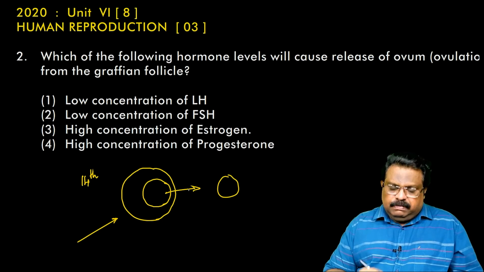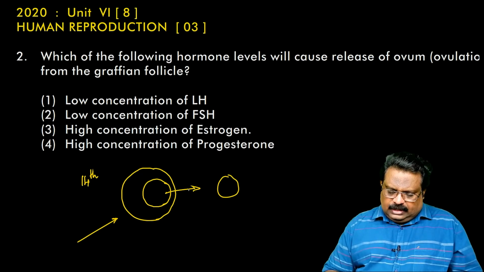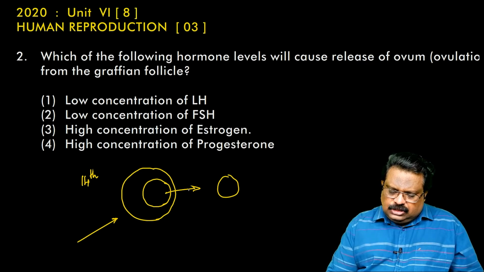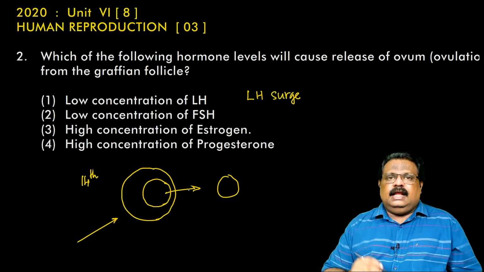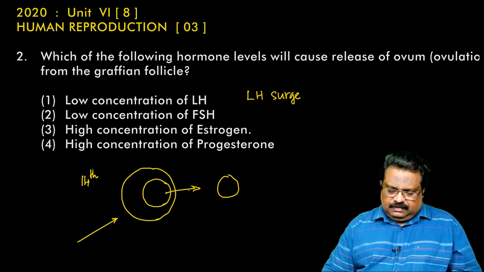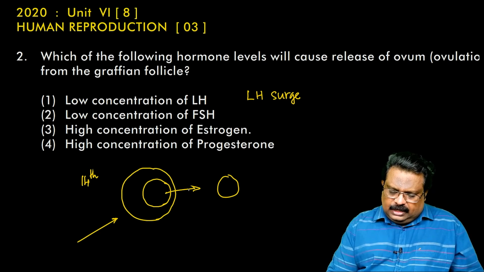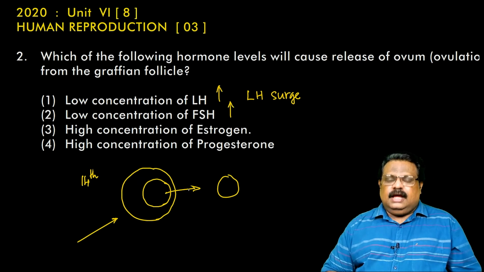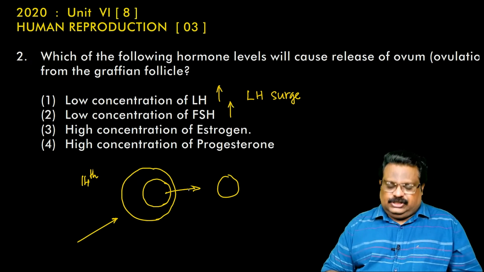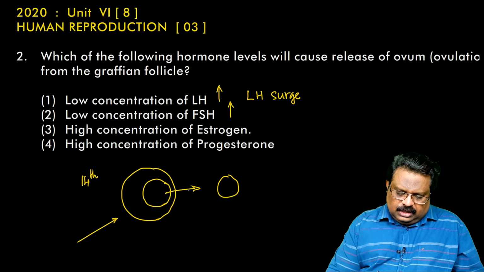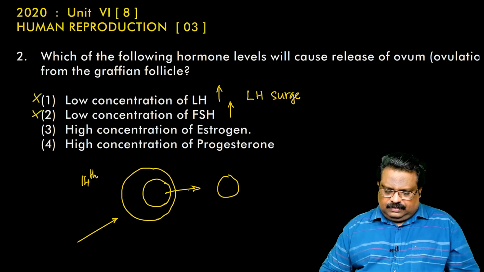For the bursting of the Graafian follicle and the release of the ovum, the LH must be at the highest level. You had studied a term called LH surge, isn't it? The LH must be at the highest peak. FSH must also be increased at the time of ovulation. So the low concentration of LH and low concentration of FSH are wrong.